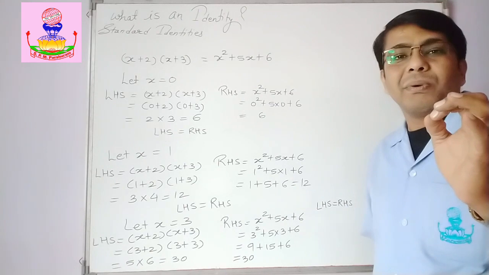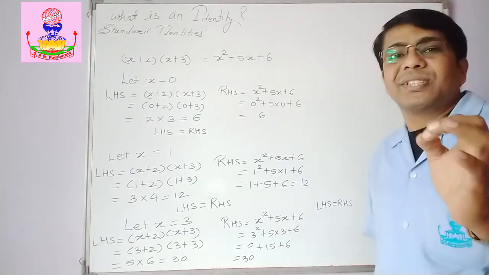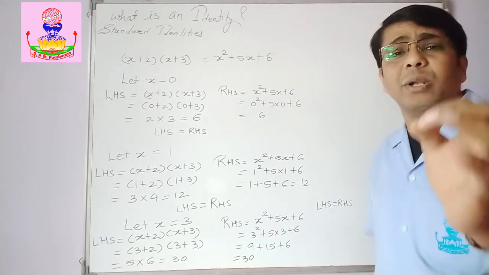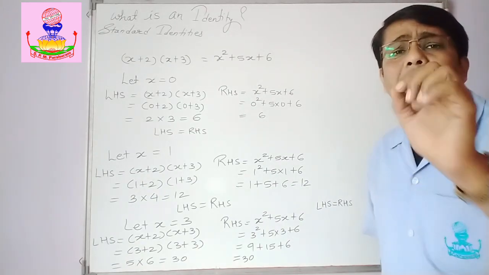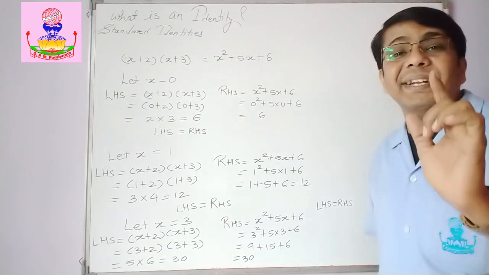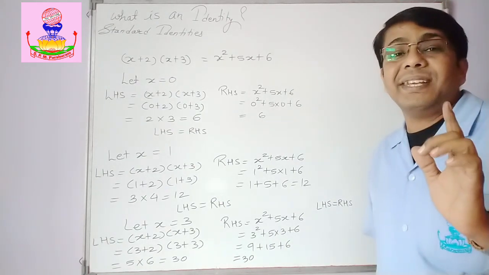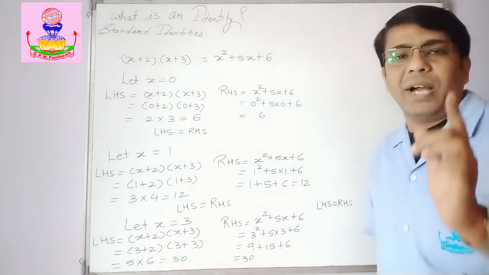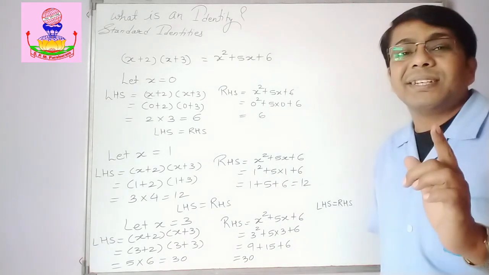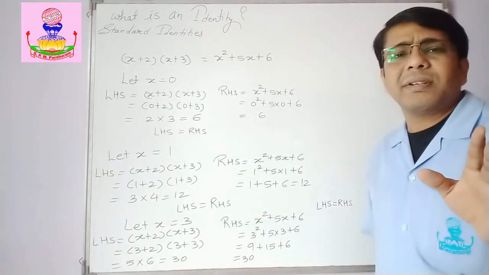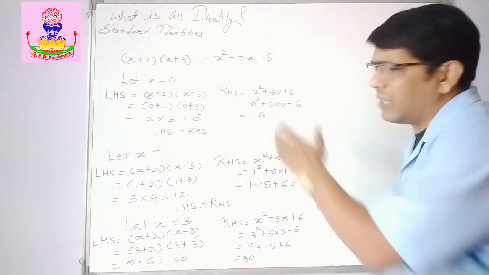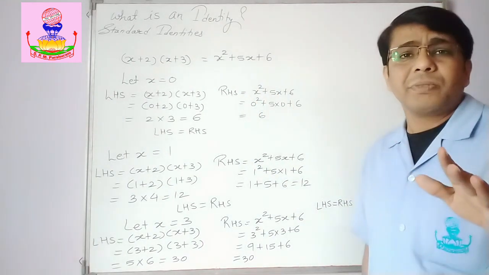An identity is an expression or equality in which LHS is always equal to RHS, for any value of the variable. That is called an identity. It is an equality which is satisfied for any value of the variable.